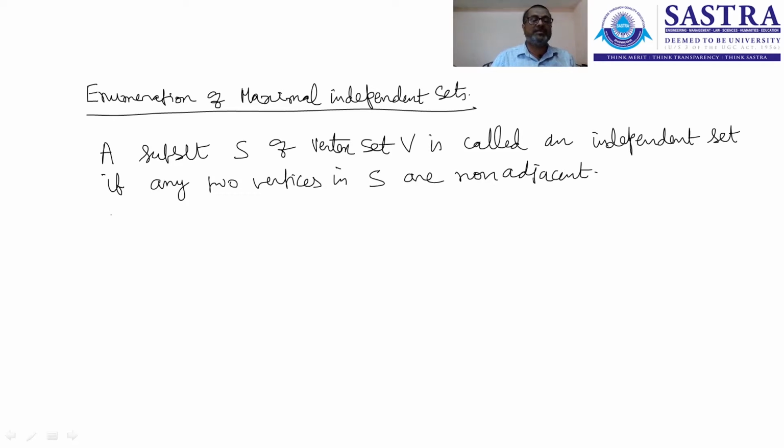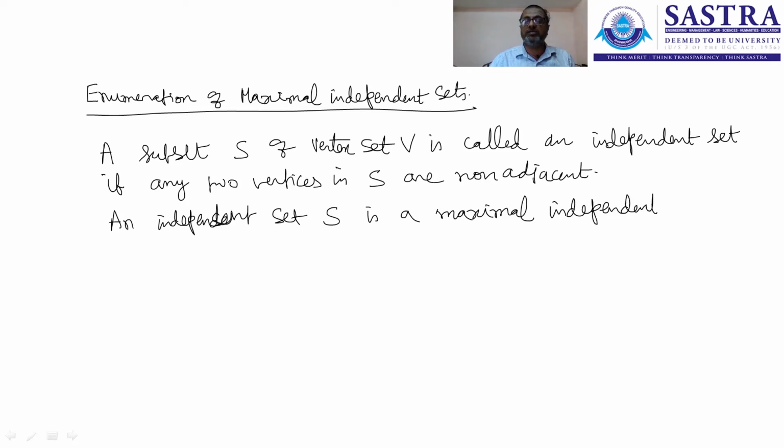Now we have to define what is a maximal independent set. An independent set S is a maximal independent set if any superset of S is not an independent set.